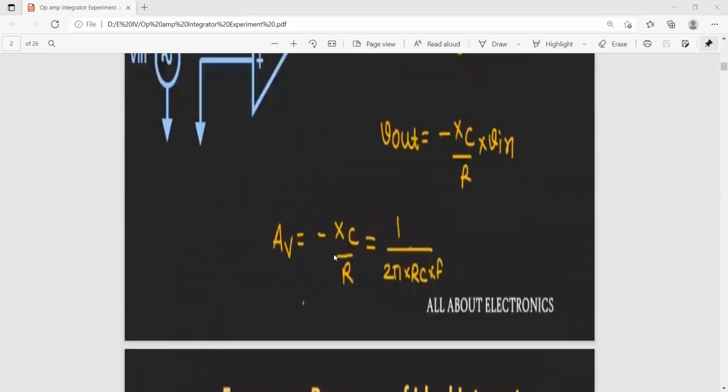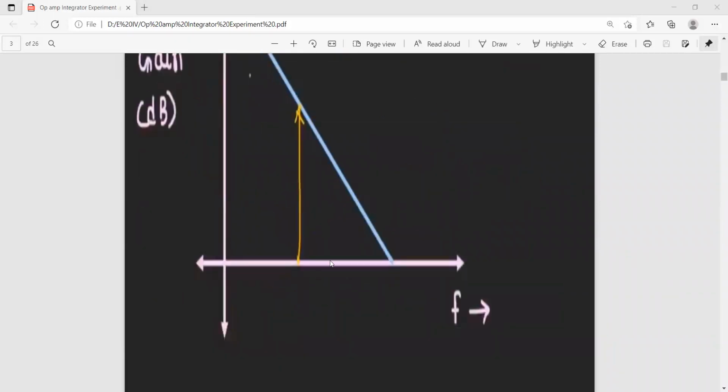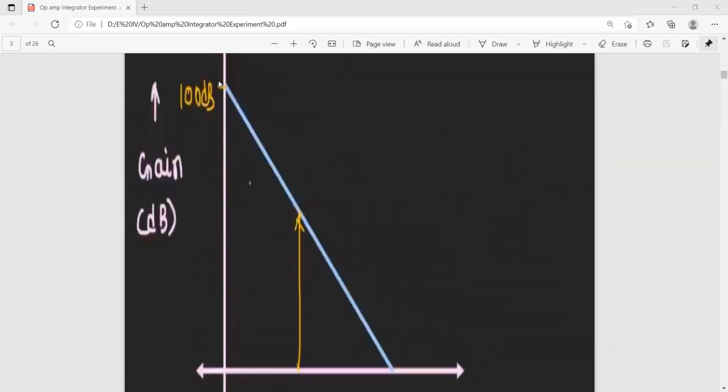From this formula, what do we observe? The F term is in the denominator, therefore it is inversely proportional to F. So initially the gain is high, then slowly reducing, it is like this.